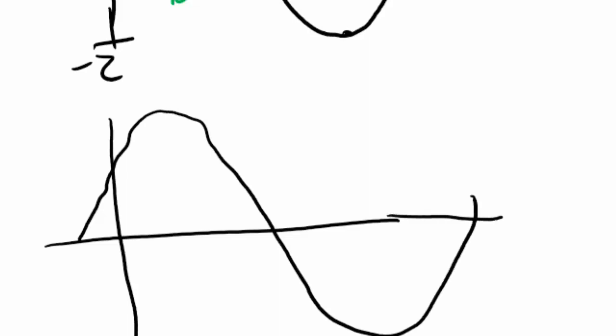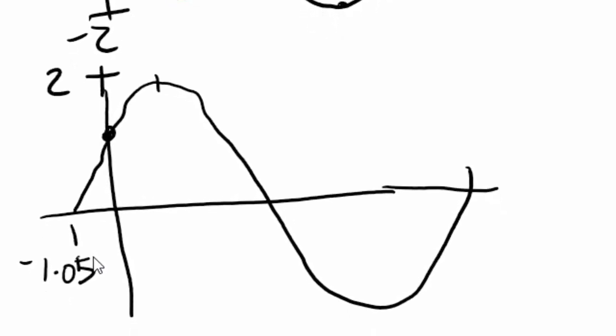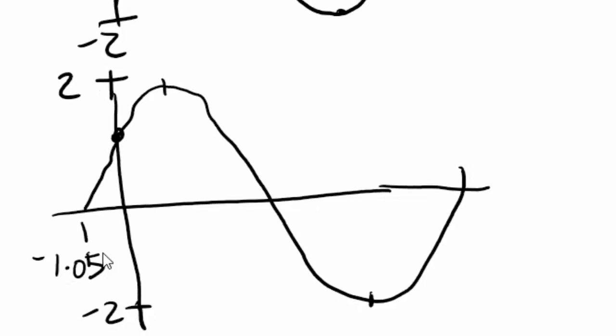So it's going to look like that. So this value here, which is the value 1.05, is where it crosses the axis. This here is minus 1.05. That's my max there, which is plus 2. That's the min there, which is minus 2. So when theta is equal to 0, the value is the sine of 1.05, which is actually root 3, so it's 2 times root 3 is the value there.